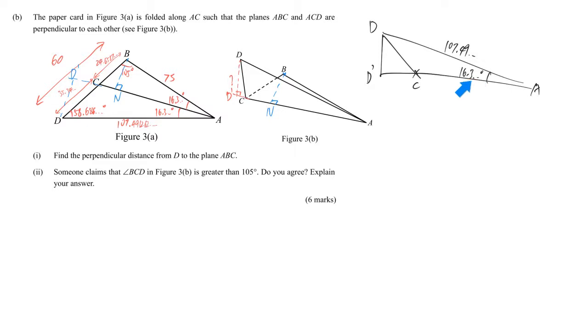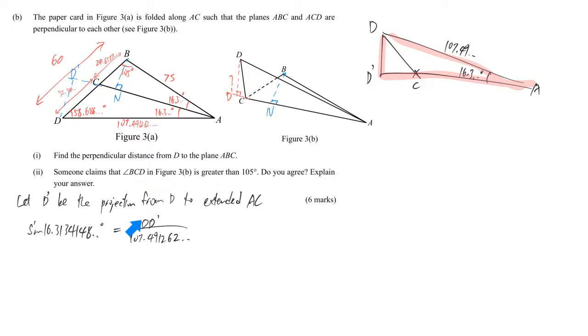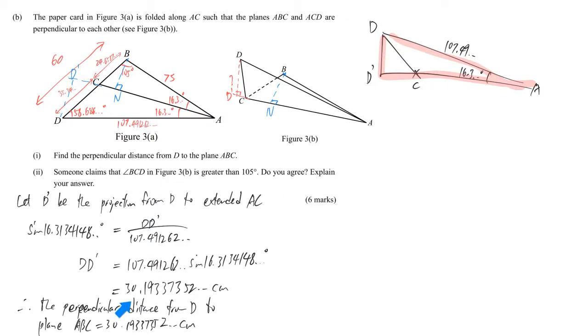Then we can just simply use a right angle triangle. With our target DD prime, opposite side and hypotenuse, we are going to use the sine ratio. We have this equation, then we just simply solve it by moving the denominator to another side, both sides times 107. Therefore, we get the total distance, the perpendicular distance is 30.19 something.